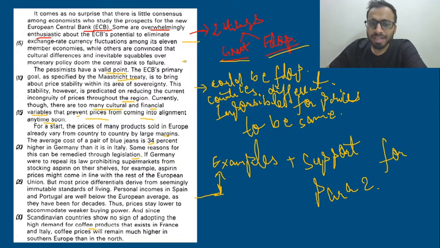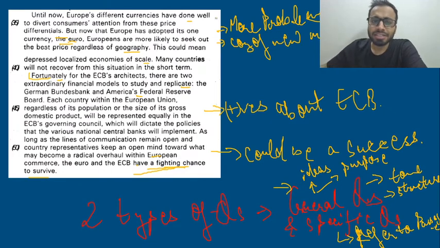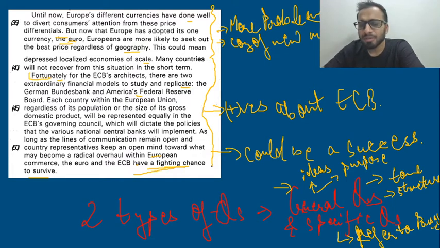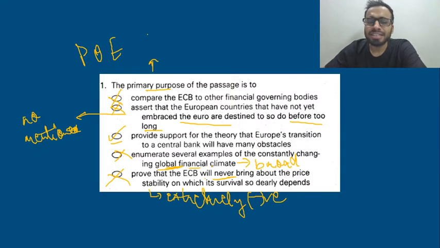Then the writer spends the next paragraph and the one after giving you examples of the kind of problems we can face. Then the writer spends another paragraph giving you a different problem, which was a money problem. And finally, in the last paragraph, the writer concludes that in spite of all these problems, maybe it could be a success. They can have a fighting chance. So this is what the writer is trying to say.